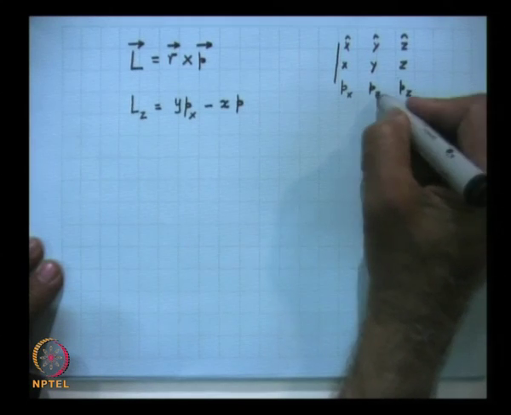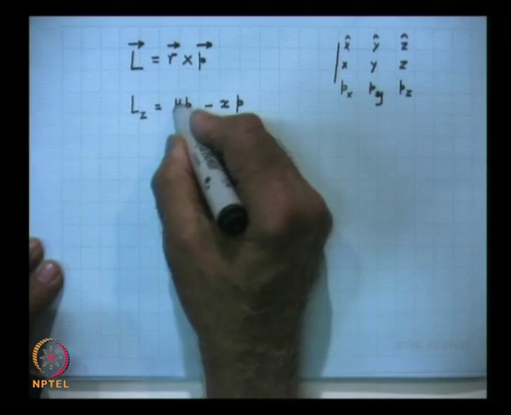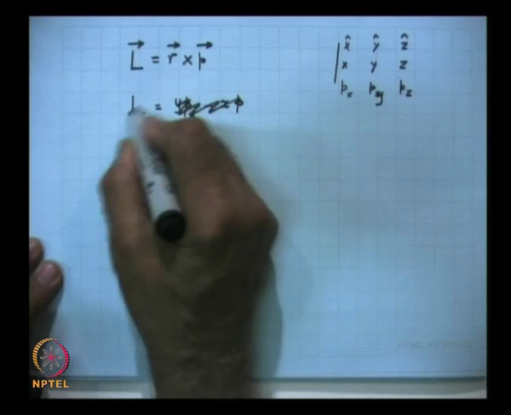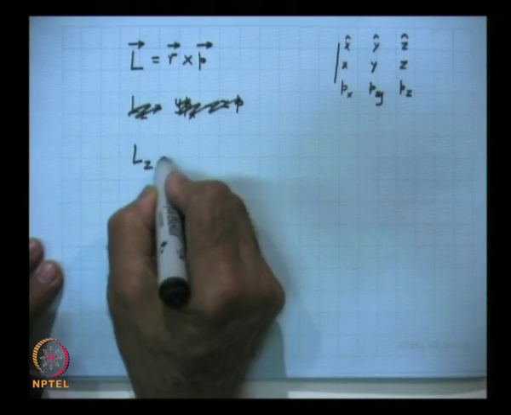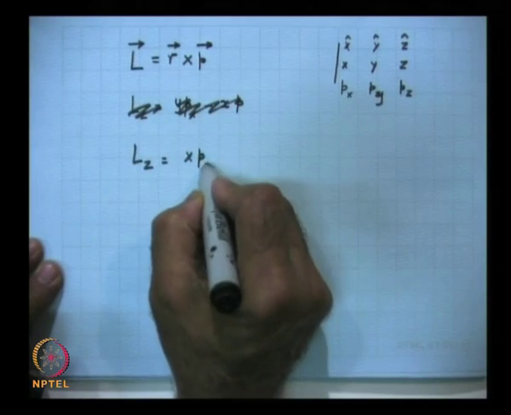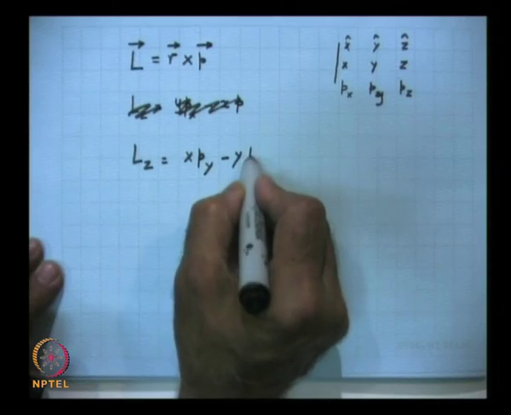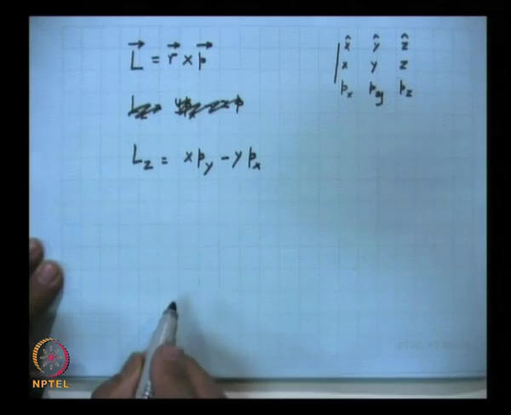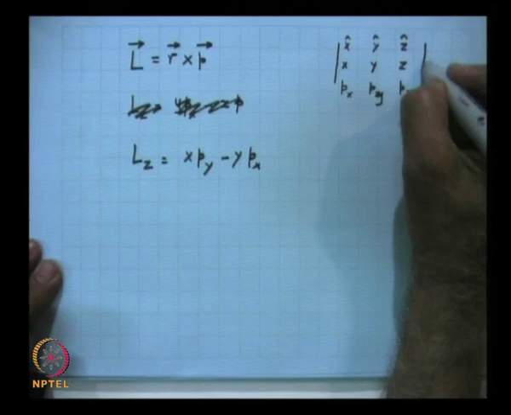So, I am sorry, Lz will be x p y minus y p x, and similarly Lx, similarly Ly.